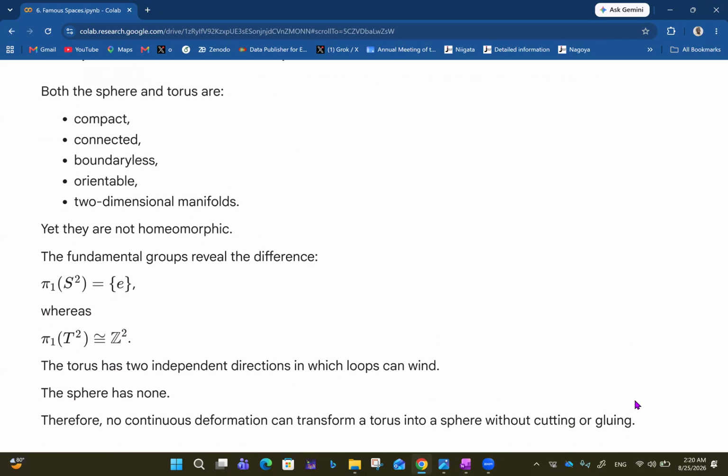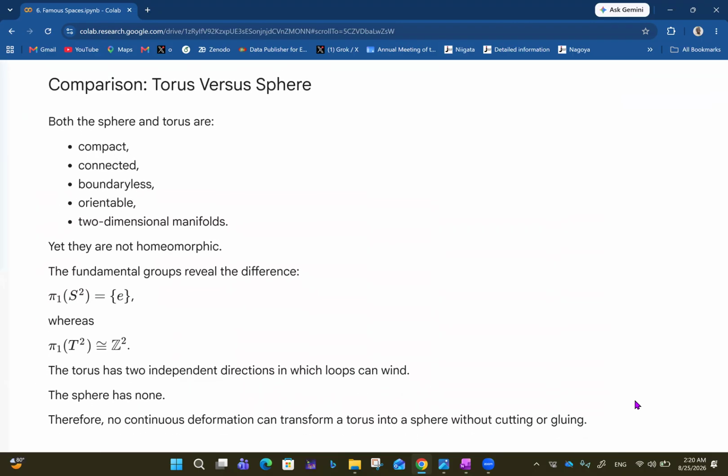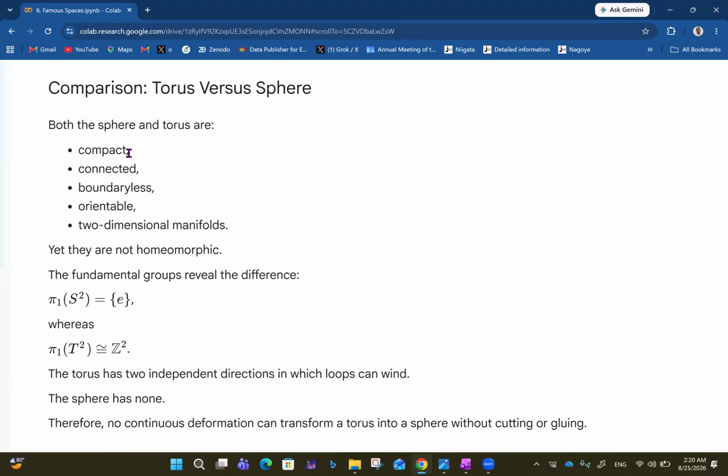Then we have the comparison between torus versus sphere. Both sphere and torus are compact, connected, boundaryless, orientable, two-dimensional manifolds. Yet they are not homeomorphic. The fundamental groups reveal the difference. For a sphere, it is trivial, whereas for a torus, it is Z by Z. So the torus has two independent directions in which loops can wind.